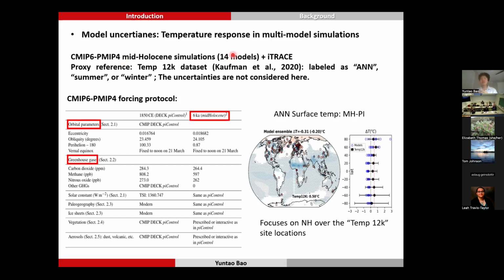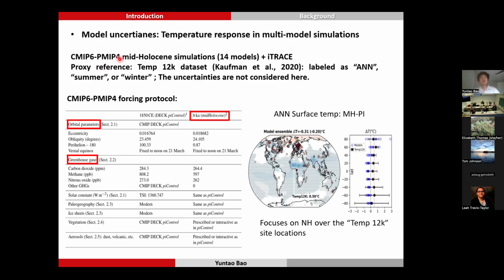Each model simulates a different temperature response. Some models may simulate a very warm mid-Holocene, but some may simulate a cold mid-Holocene. So by investigating why the models simulate different temperature responses, this multi-model difference, we may find the model uncertainties in simulating temperature. This is an indirect way.